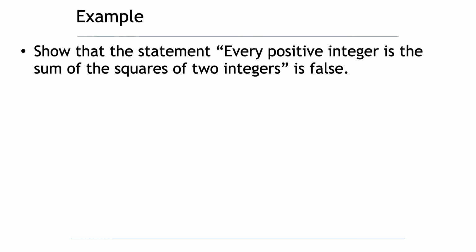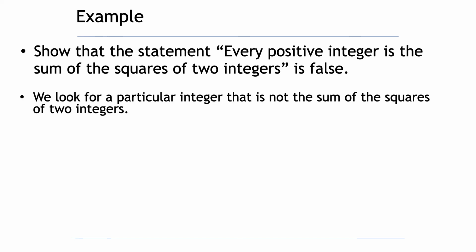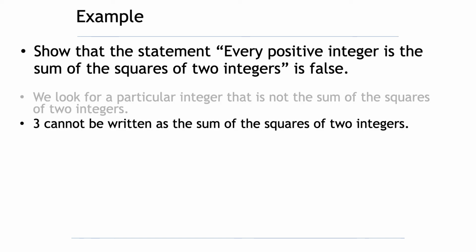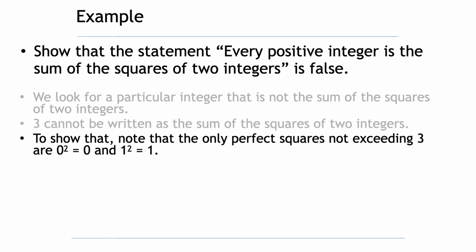Let's see an example. Show that the statement every positive integer is the sum of the squares of two integers is false. We look for a particular integer that is not the sum of the squares of two integers. 3 cannot be written as the sum of the squares of two integers.